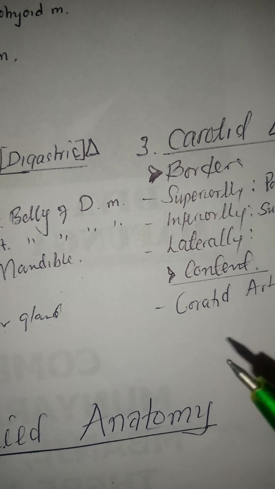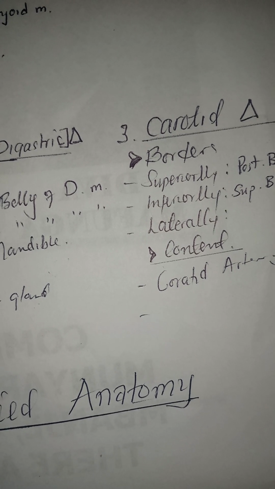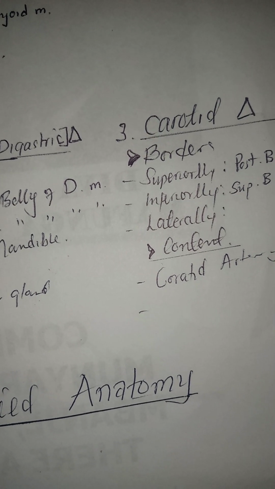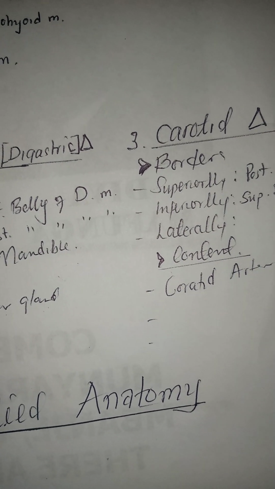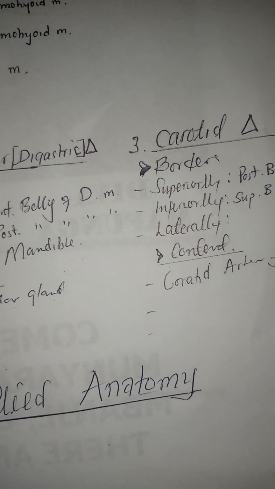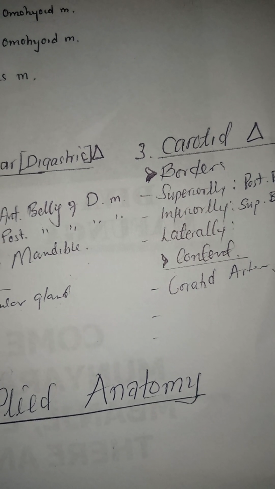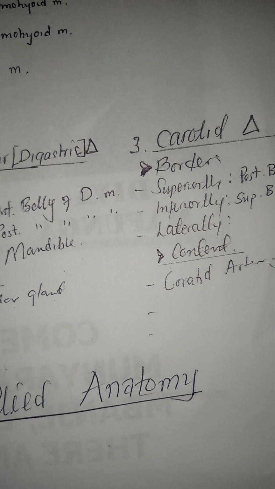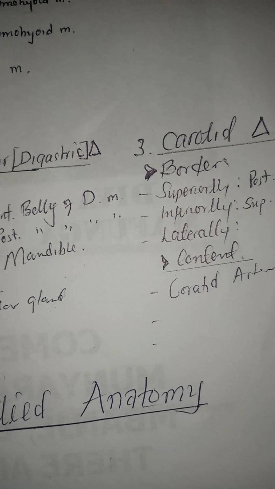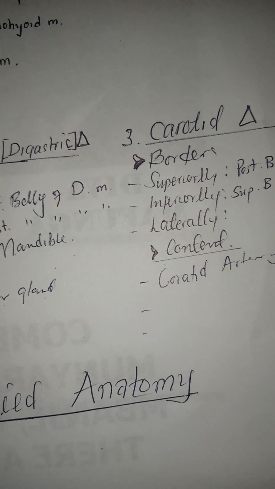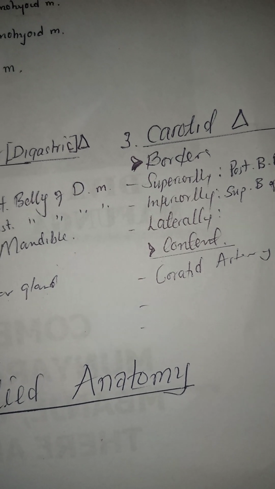Apart from that, we also have the internal jugular vein. Apart from the internal jugular vein, we can also appreciate the vagus nerve in this triangle. Apart from the vagus nerve, we can also appreciate the facial nerve. Bear in mind that the facial nerve does not supply this triangle; it just splits into 5 main branches.